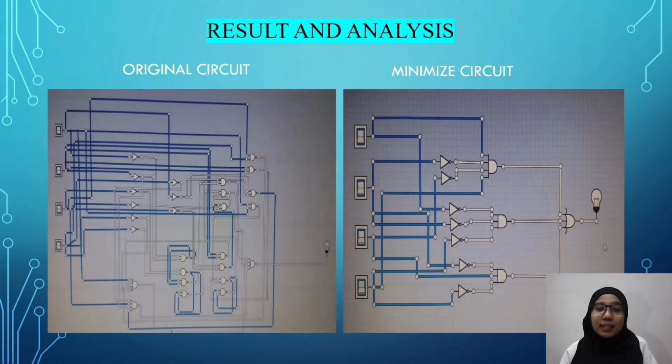Basically, this is all the result and analysis that we identified in this project. As you can see, the original circuit is more complex and uses many types of ICs that contain different types of logic gates, as compared to the minimized circuit, which uses fewer logic gates, and the circuit is simpler and more direct.